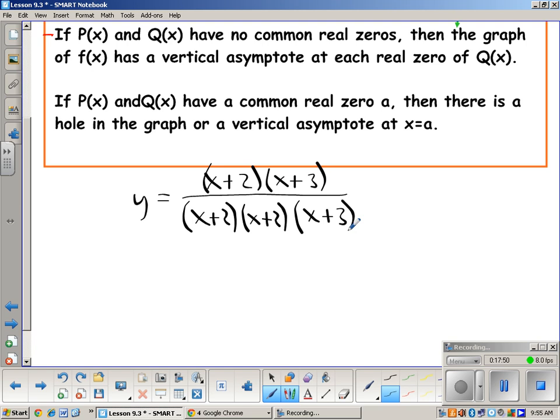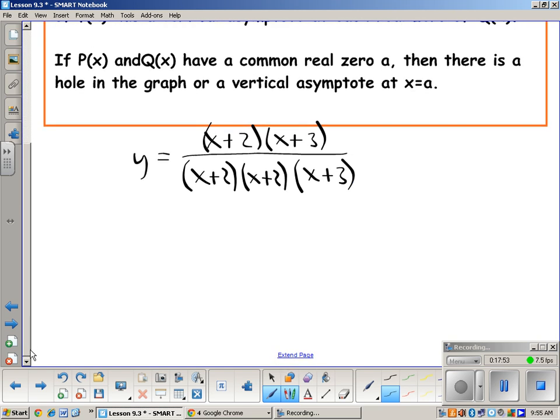If I have this scenario, it goes into that OR statement I was talking about. These have the same hole at x plus 2, don't they? And they have the same hole at x plus 3.